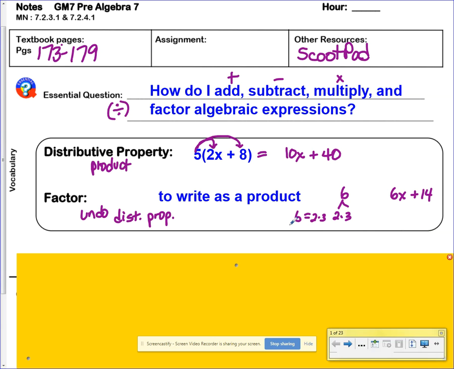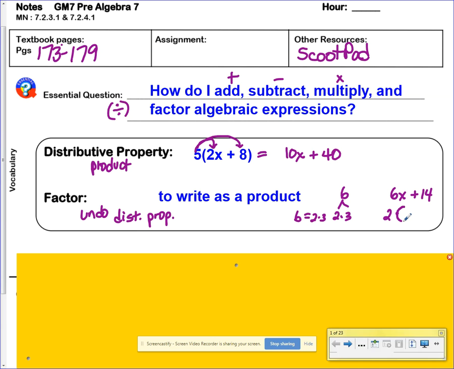But I could factor it if I said, what does 6 have in common with 14? Can you think of a common factor? You'd say, well, they're both even, so I could factor a 2 out of each of those. That would leave me a 3x here and a 7 there.